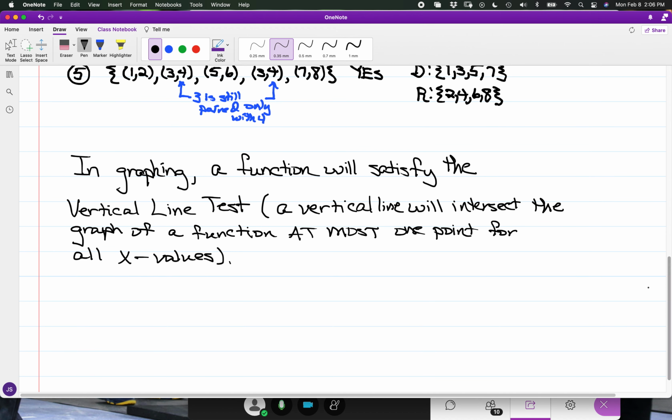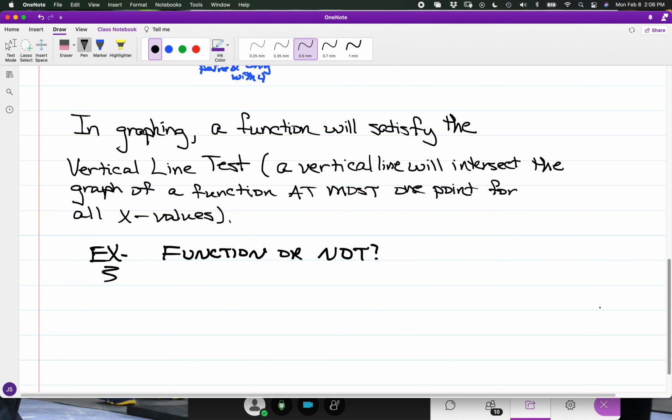And this might seem a bit wordy, but just to bring it to life, say you want to determine whether a graph is going to be a function or not. I'm going to do some quick sketches.